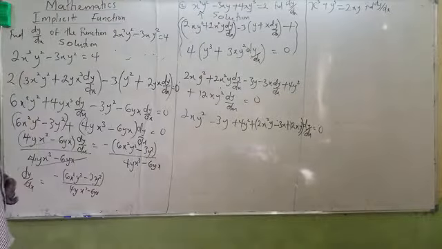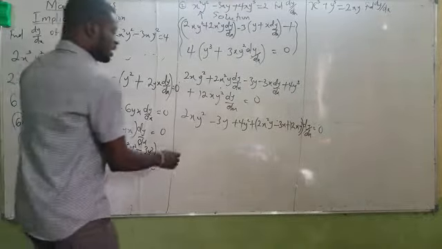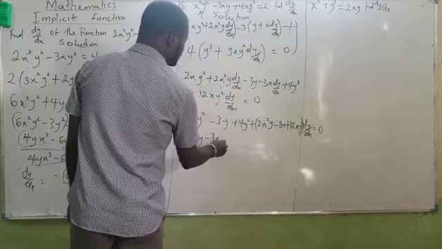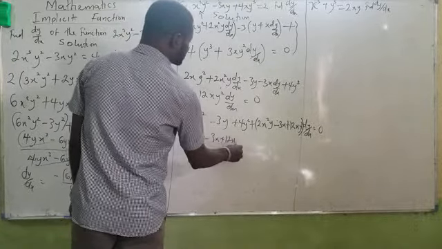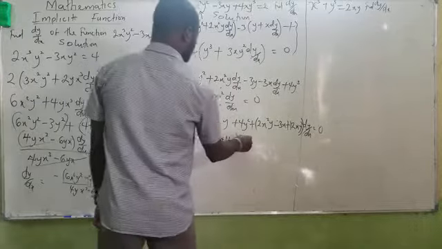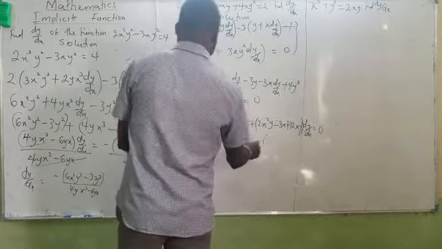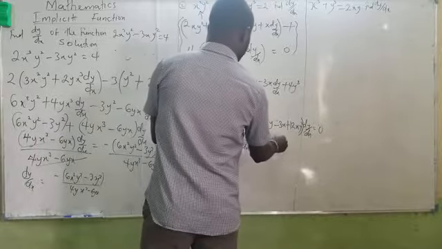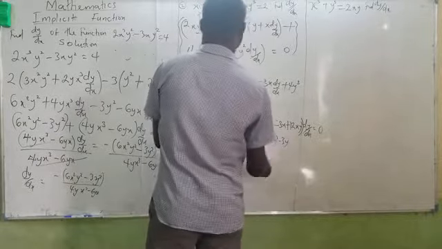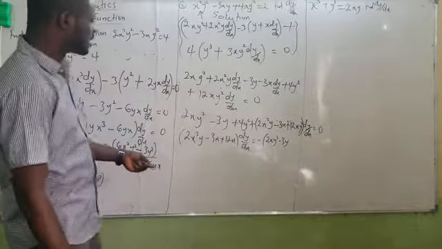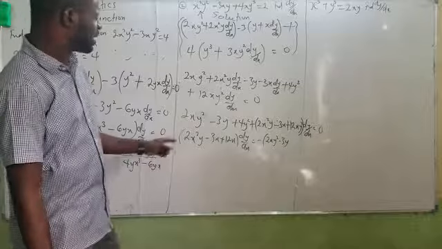Now, can you see now? I can now say that what? 2x squared y minus 3x plus 12xy squared bracket of dy dx will be equals to minus bracket of 2xy squared minus 3y plus 4y cubed. Hope I'm not making any mistake.